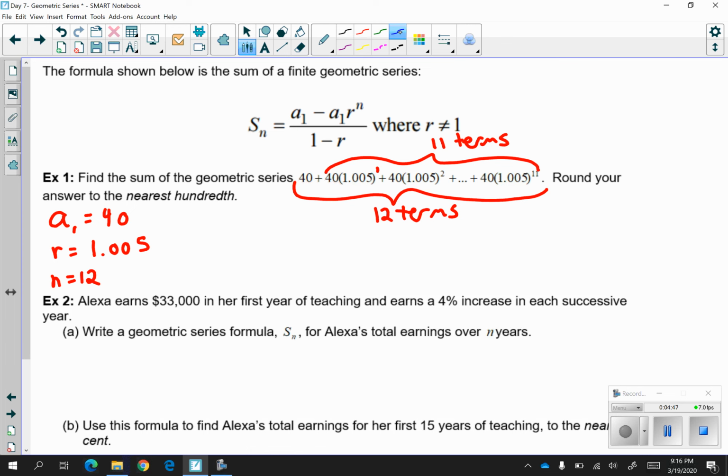When you go and set everything up, the sum of the first 12 terms is 40 minus 40 times 1.005 to the 12th power over 1 minus 1.005. Put that in the calculator and see what you get.